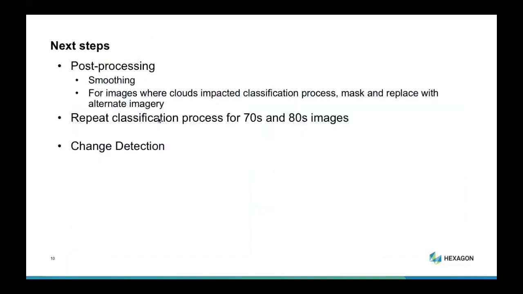So going forward, some post-processing still needs to be done, as I mentioned, on the 2017-2018. I'm hoping that trying a couple of different smoothing techniques will improve the speckling we saw in that mosaic output. And then for images where clouds or other poor image quality impacted the classification process, I'm planning to go back and mask and replace those masks with alternate imagery from different dates.